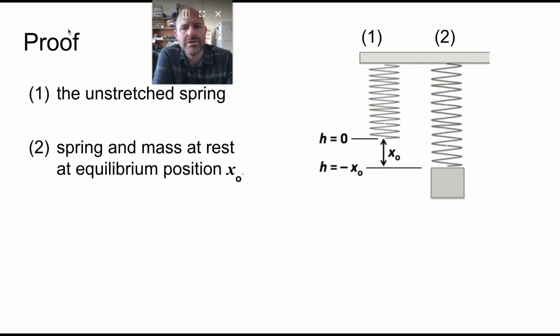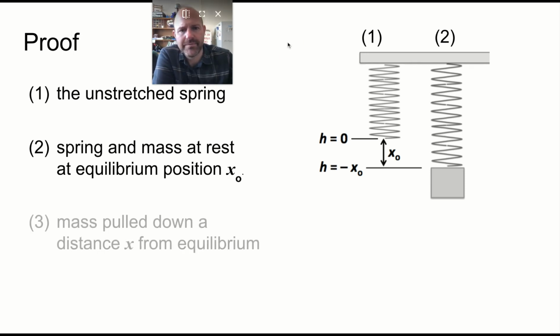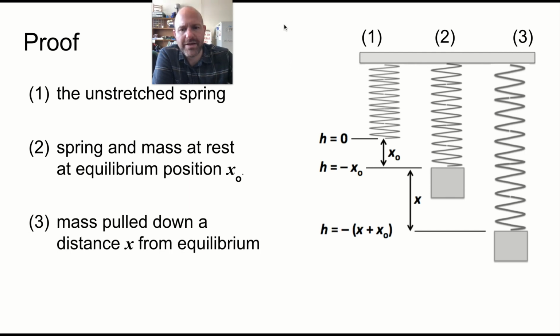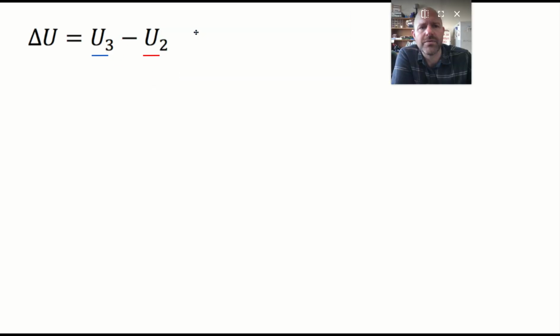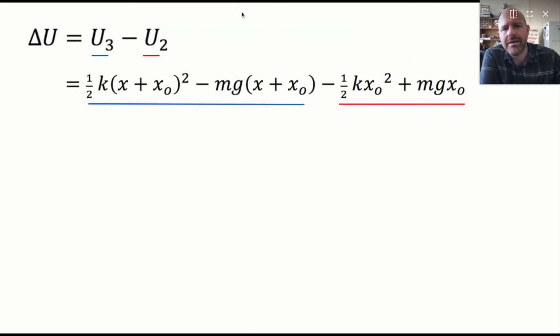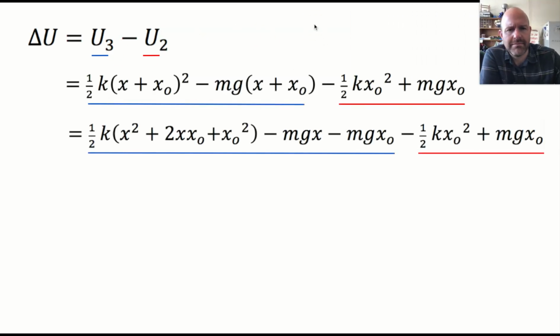If you stretch a spring, we get a change in potential energy. We pull down the mass by another distance from equilibrium. And we have our potential energy as a function of position, right? But what you'll see, if we go through the math, is that expanding them out, we have this term that has to do with the x naught.